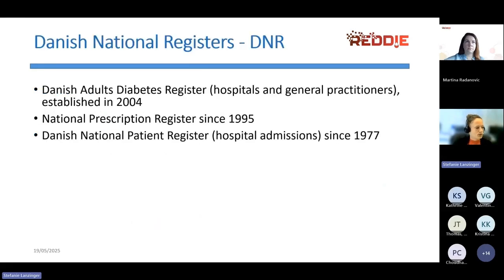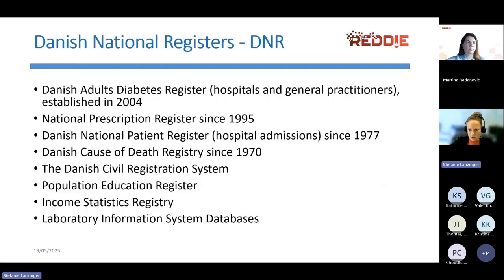So for Denmark, we have the Danish National Registers. First, the Danish Adult Diabetes Register, which was established in 2004 and contains information from hospitals and general practitioners. We also have the National Prescription Register since 1995, the Danish National Patient Registry, and also some other registries for cause of death, civil registration, population education, income and laboratory information system databases.